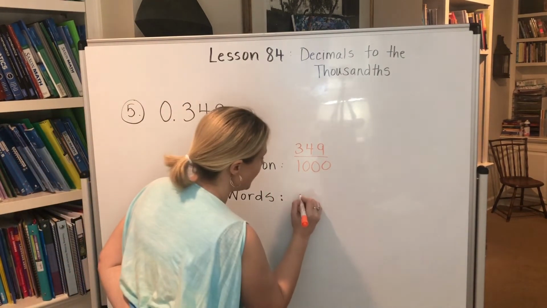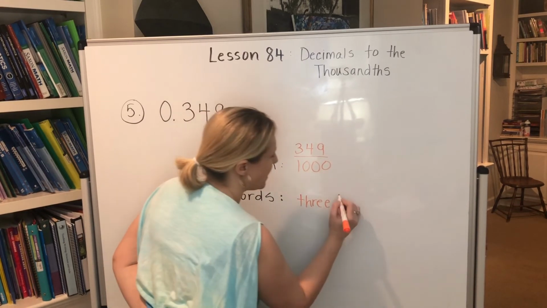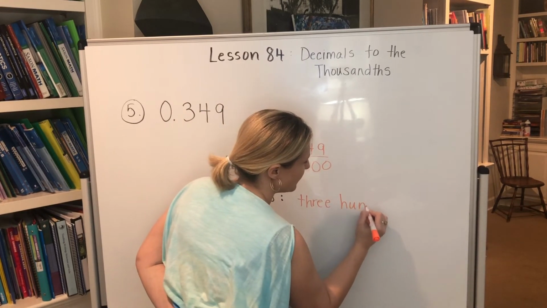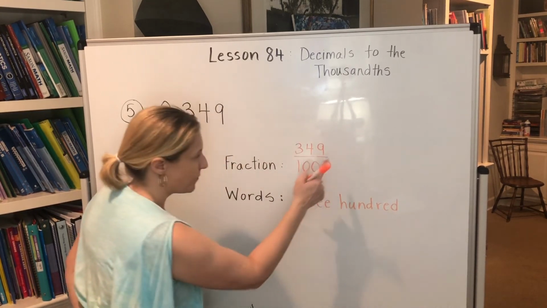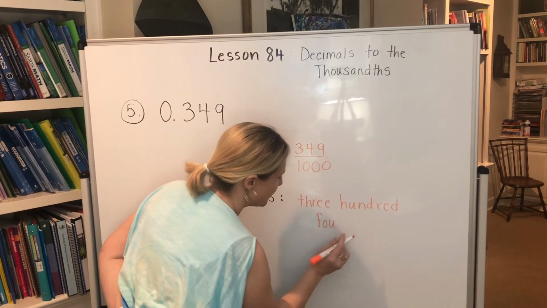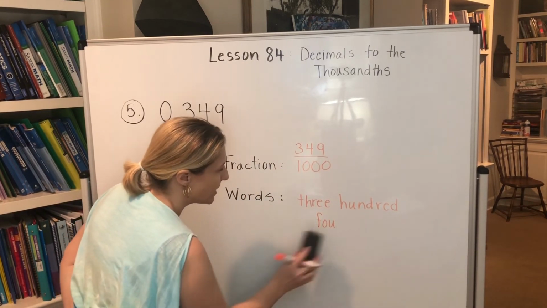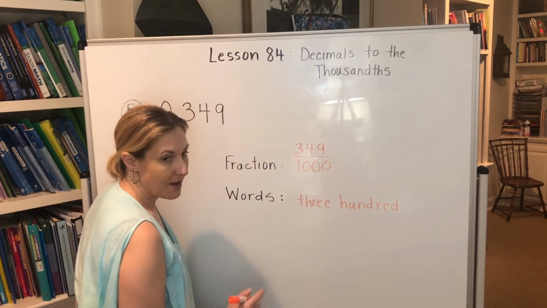So we will write 349, and remember 49 is one of those numbers. The 40 is not spelled like the number 4, F-O-U-R.